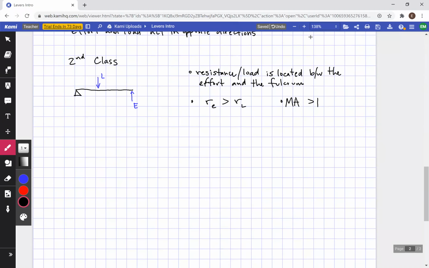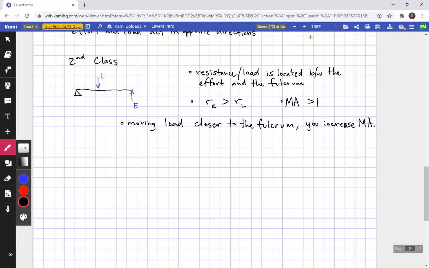One thing that you can do to manipulate second class levers is by moving the load closer to the fulcrum, you can increase the mechanical advantage of the system.